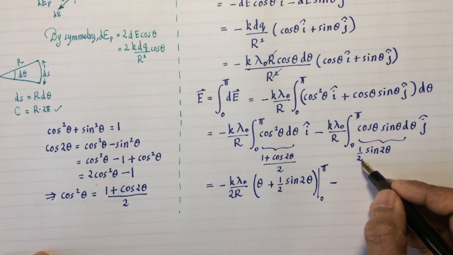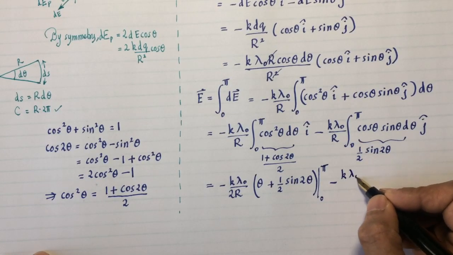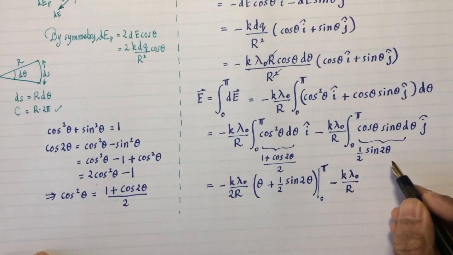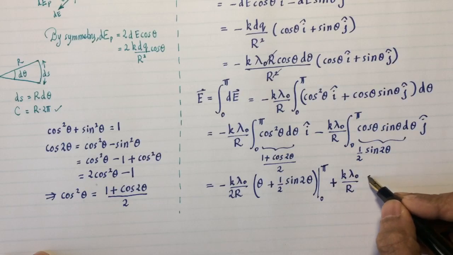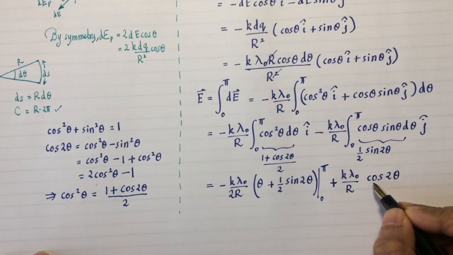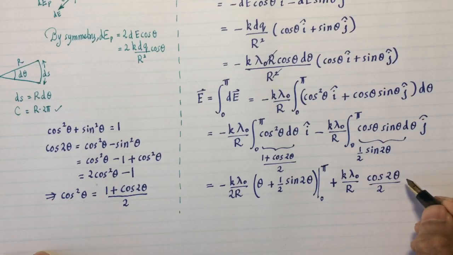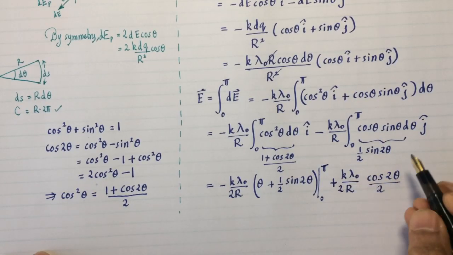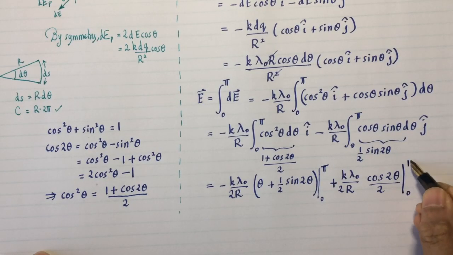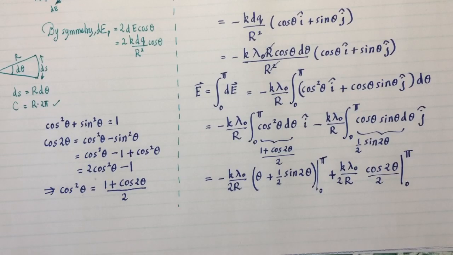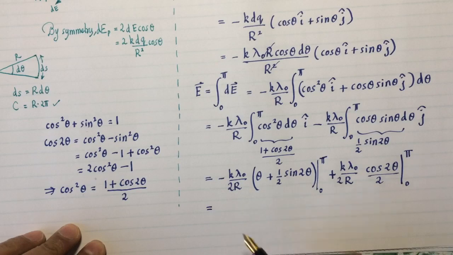That half comes outside, so I get k lambda naught over r, and the integral of sine 2 theta is negative cosine 2 theta. Because of the 2 there, you have to further divide by 2, and there's also the 2 from earlier. So that goes from 0 to pi. All right, I forgot 2 things, the i hat here and the j hat there.